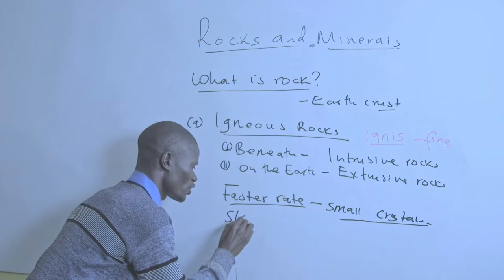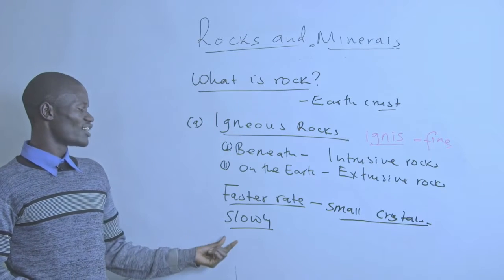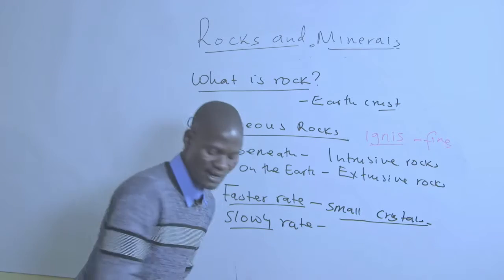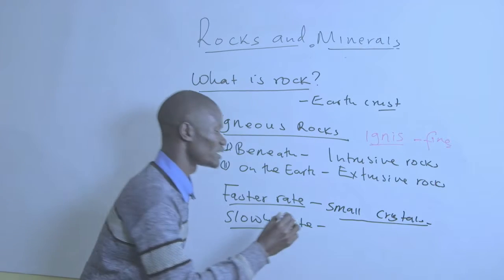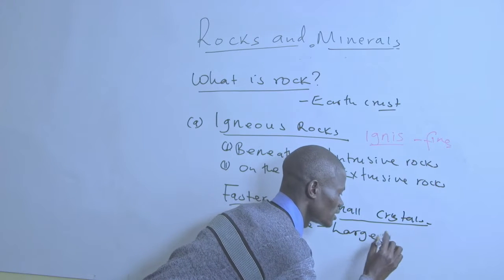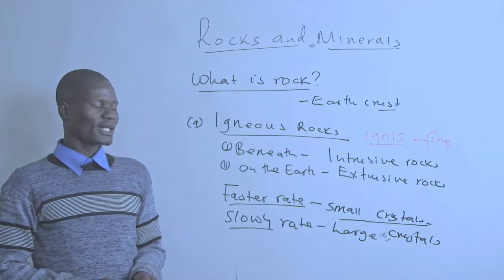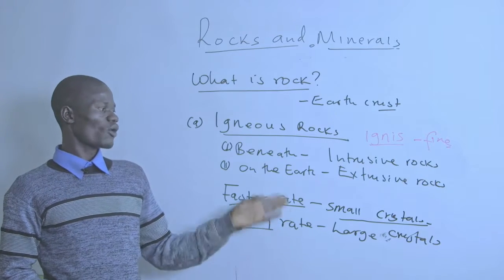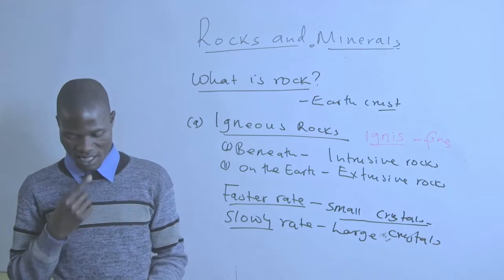But those rocks that are formed as a result of magma or lava cooling at a very slow rate will result in the formation of large crystals. The large crystals will be formed, and these ones are going to help us distinguish the characteristics of these rocks based on their shape and their appearance.